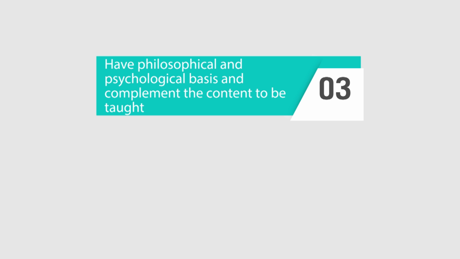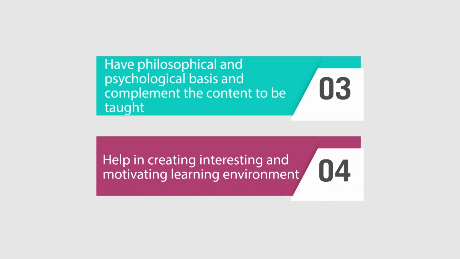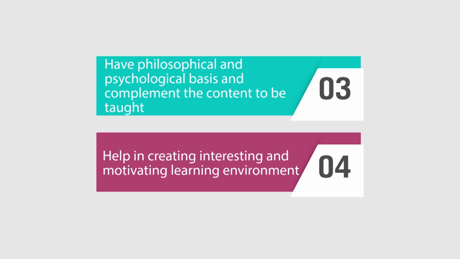By complementing the content, we mean that the objectives of the content, or the learning outcomes, are made clear to teachers and students through that plan of action, and through that clarity they can perform better. So a good teaching model complements the content which is to be taught by the teacher in the classroom situation.